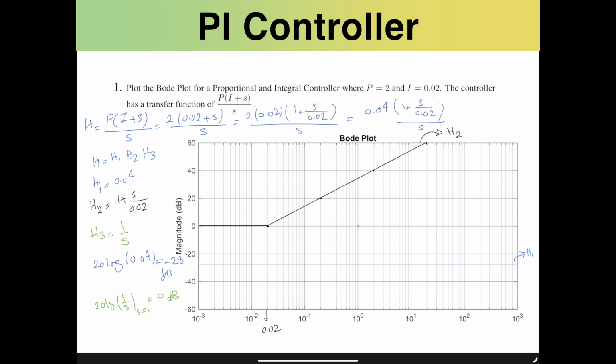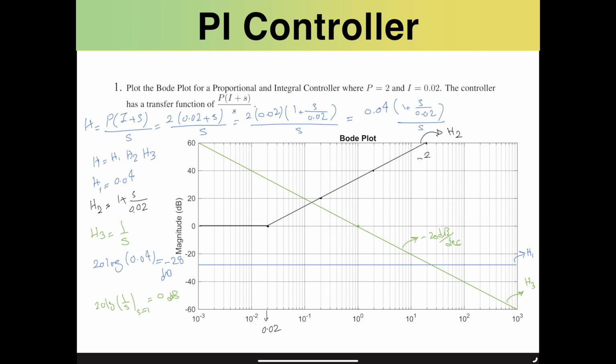So frequency of 1 is going to be here, and 0 dB is this value. So we need to plot a line that crosses this point, but has a slope of minus 20 dB per decade. So if we think about this line, this is our 1 over S, or in a sense, H3, that has minus 20 dB per decade slope, while it crosses frequency of 1 and 0 dB.